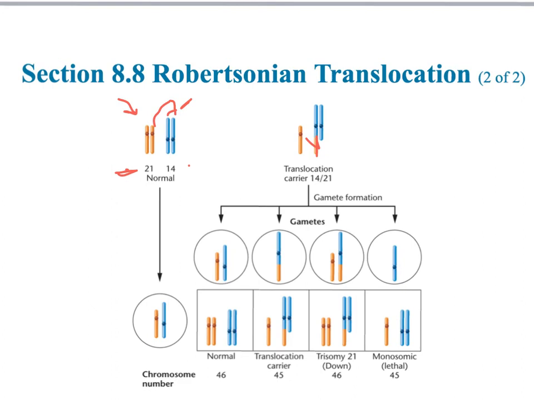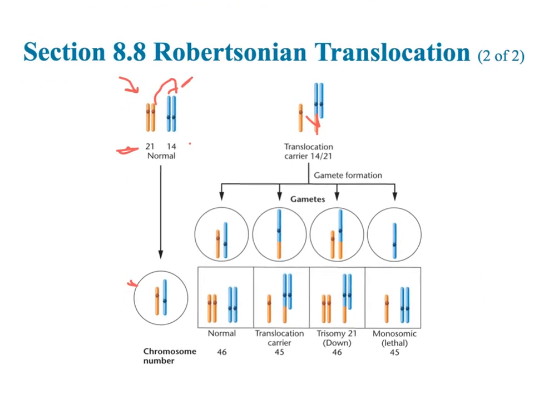And then when you see the formation of the gametes, here's the one normal, and then you're pairing up. Here are the ones that segregate, and you get the first two, and then you get this one here that's not normal, the translocated carrier 14 and 21, sitting right there as well.